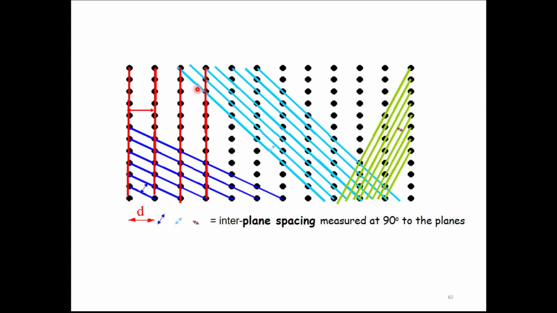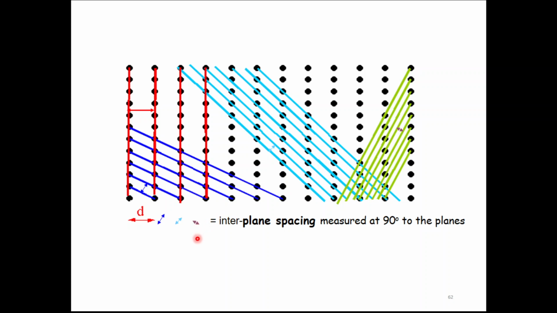Okay, so this cyan color represents another family of planes with this interplanar spacing, the d spacing, and we can consider this set of planes, right? And this represents, like the one in here, the interplanar spacing.